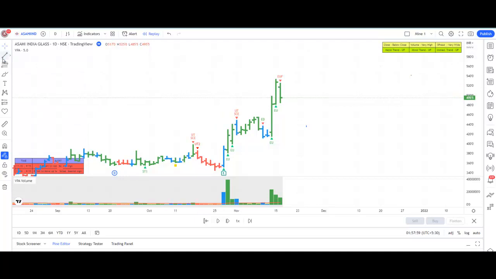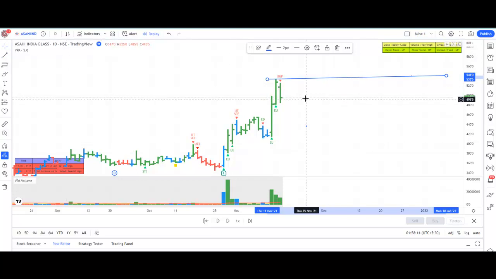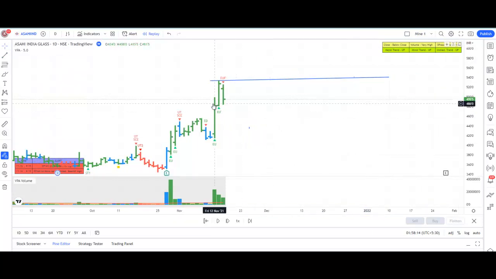So let me draw the line at the high of the EU bar here. The prices have to move up beyond this line, or break above this line, in order to have a further up move. So let us see if that happens or the weakness will persist.